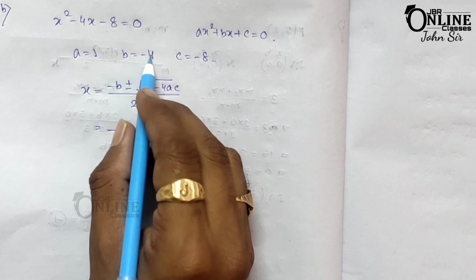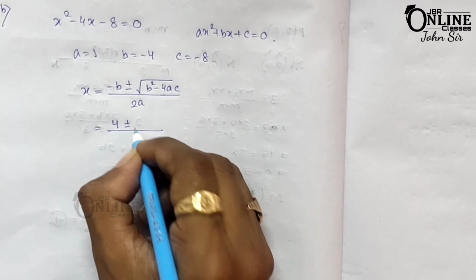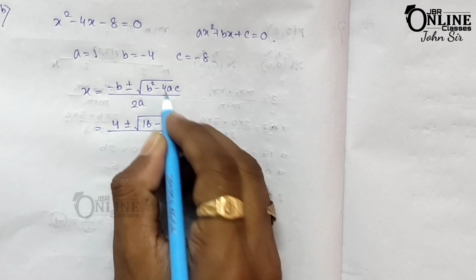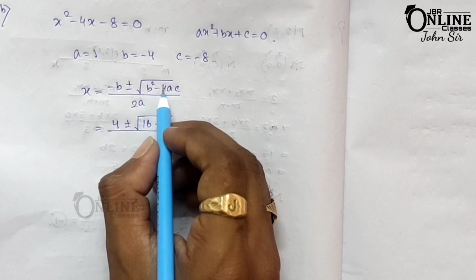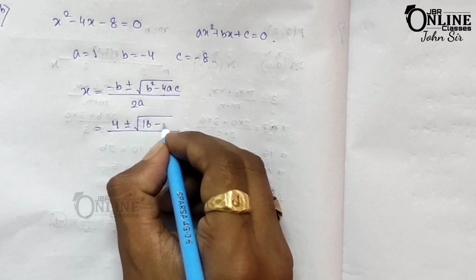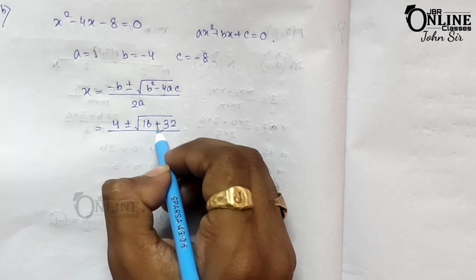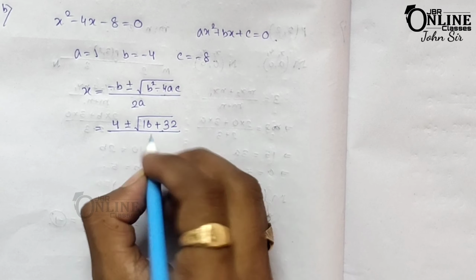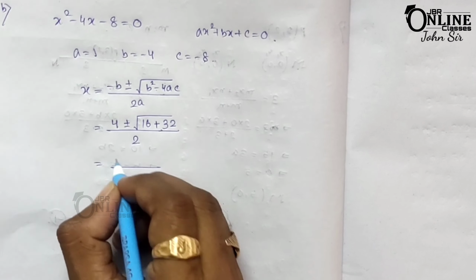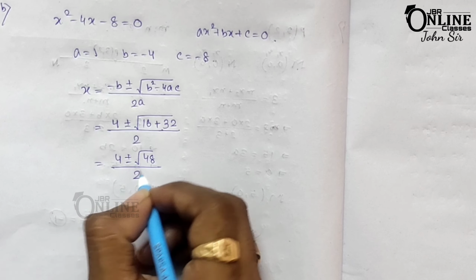So here b equal to minus 4, so minus into minus becomes plus, so plus 4, plus minus root over minus 4 whole square 16, then 4 into a into c, so 4 into 1 into minus 8. Okay, so that becomes plus 32. This minus and minus equal to plus, 4 into 8 is 32. Now 2 into a, so 2 into 1 is 2. So 4 plus minus root over 48 by 2.